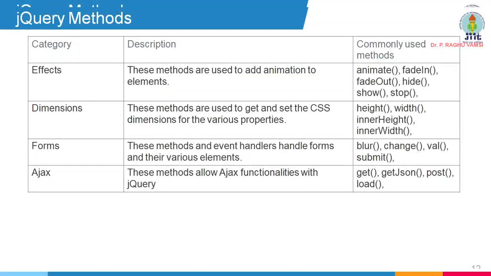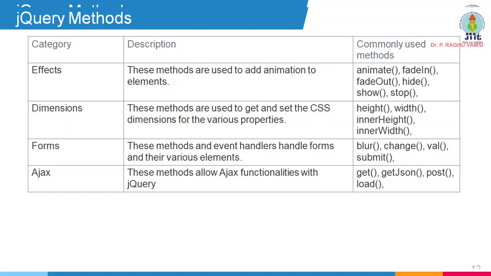To have effects on the web page, we use animate, fadeIn, fadeOut, hide, show, stop. Next is dimensions. You can change the dimensions of the current elements by using height, width, innerWidth and similar functions. Form operations, like buttons, text fields and many other things: blur, change, val, submit are the various form operations that can be used.